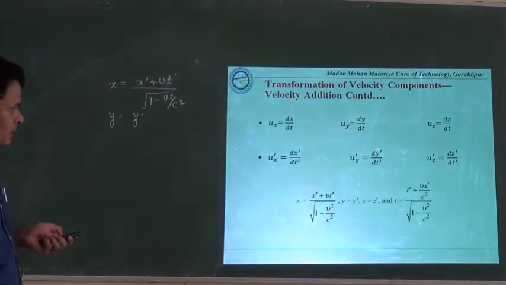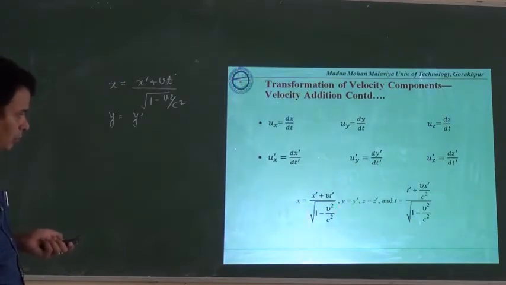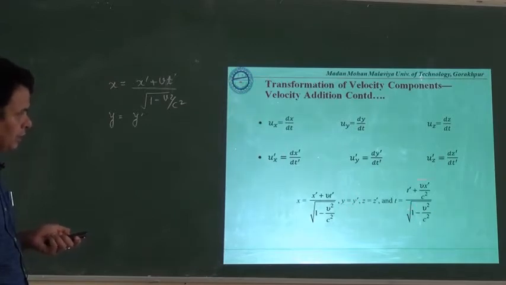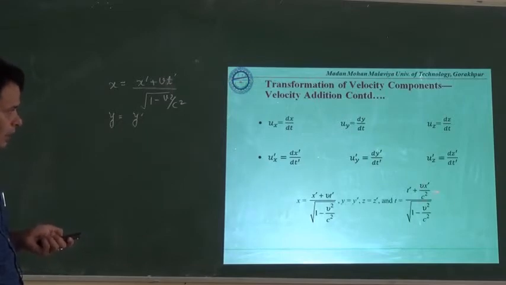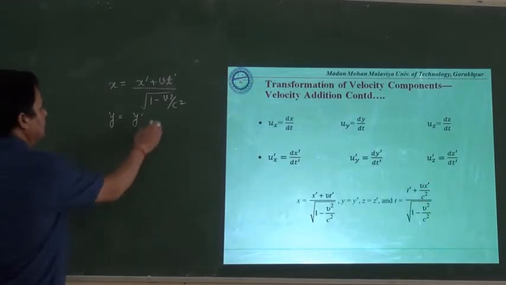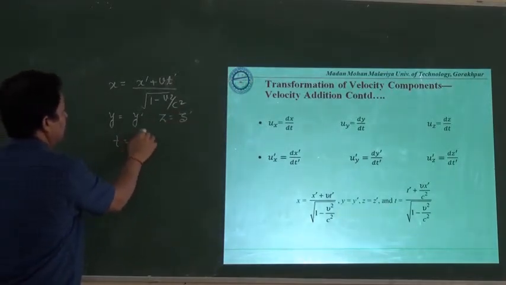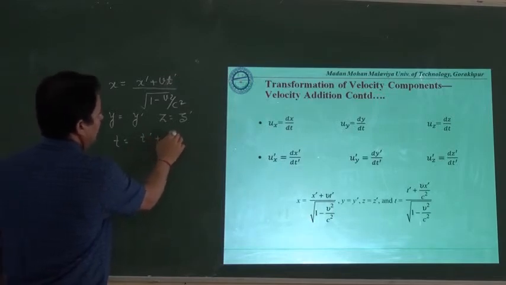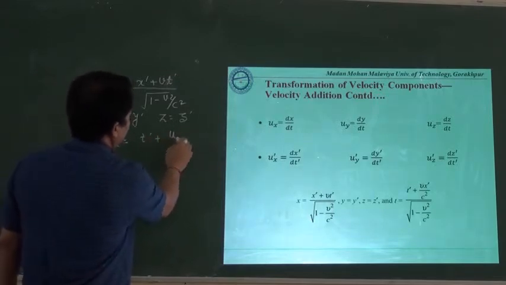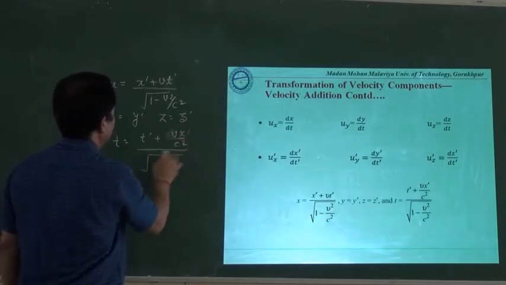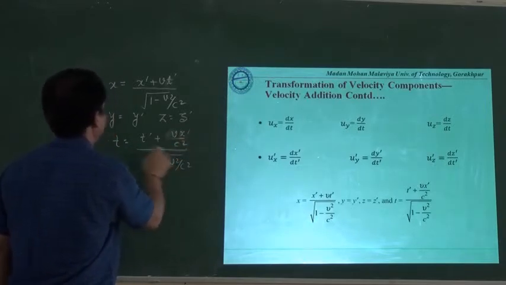Since the x component changes, t will also change, because t depends on the x component here. That's why z is equal to z dash, and t will be equal to t dash plus v x dash upon c square, upon under root 1 minus v square upon c square.